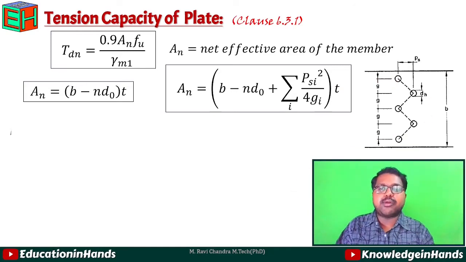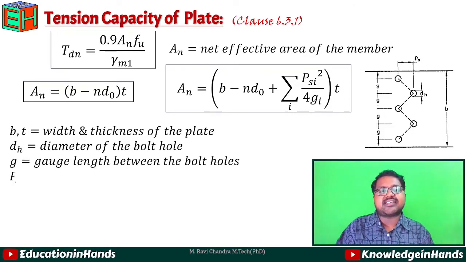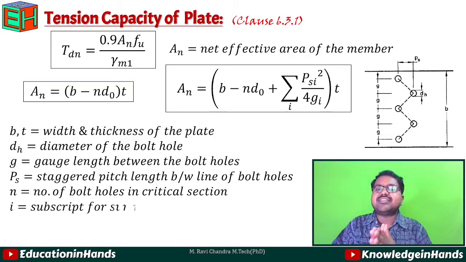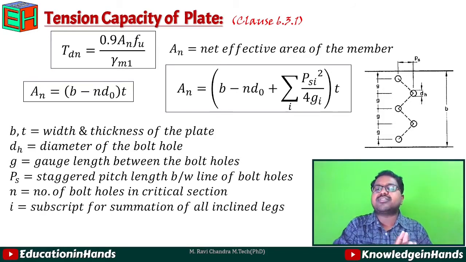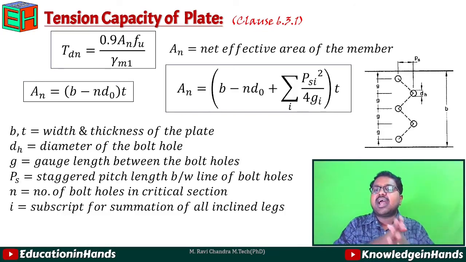In the notation, B and T are the width and thickness of the plate, DH is the diameter of the hole, G is the gauge distance between two bolt holes, PS is the staggered pitch length between lines of bolt holes, N is the number of bolt holes in the critical section, and I is the subscript for the summation of inclined legs which we are taking here. So this is for the calculation of net effective area. In problems we will see how to calculate this.